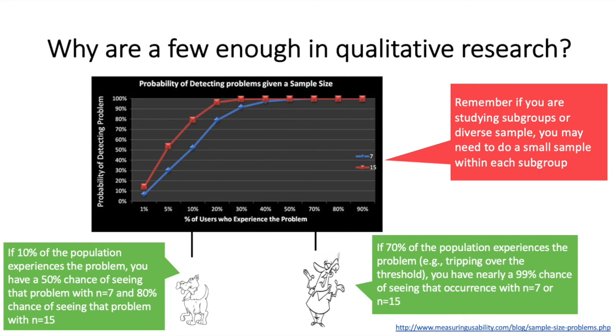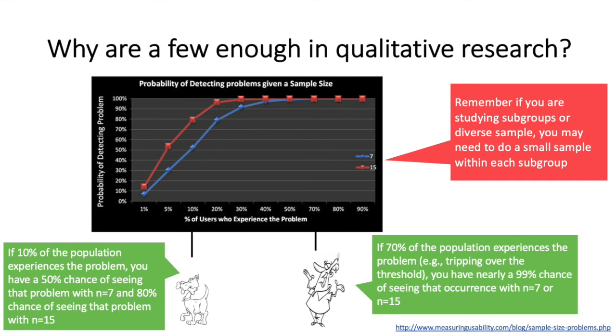Even though this probability table was designed for website usability in mind, it works for our threshold example. If in the real world 10% of the population experiences the problem, you have a 50% chance of seeing that problem or encountering that occurrence in your research with a sample size of 7, and an 80% chance of seeing that occurrence with a sample size of 15.